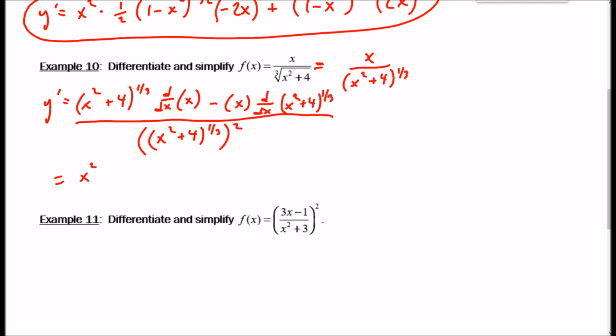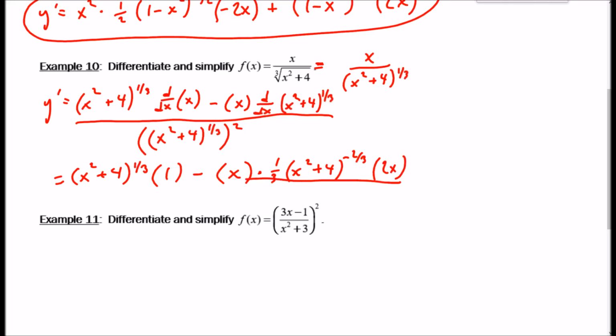All right, let's do a little cleanup here. (x squared plus 4) to the 1/3 times the derivative of x, which is 1, minus x times the derivative of something to the 1/3, which is 1/3 something to the negative 2/3 times the derivative of something, divided by the 1/3 squared.